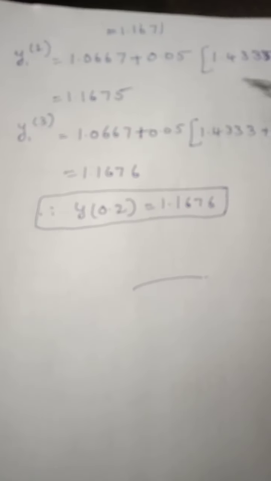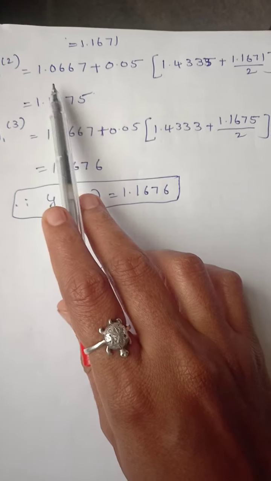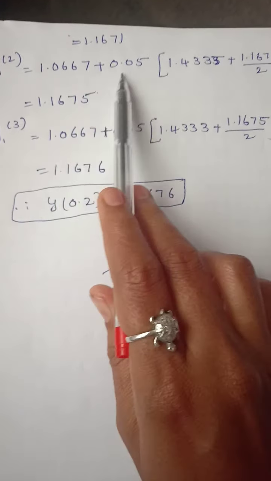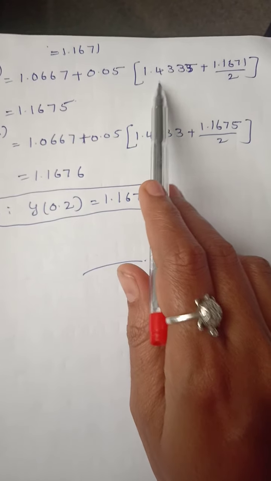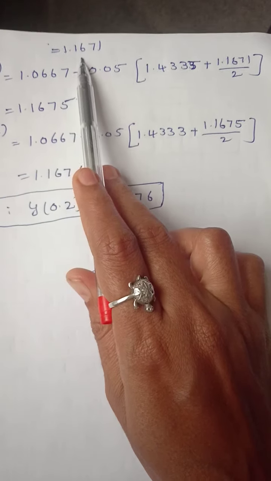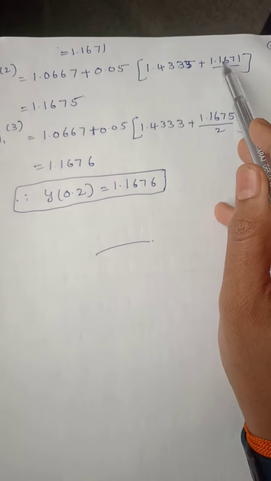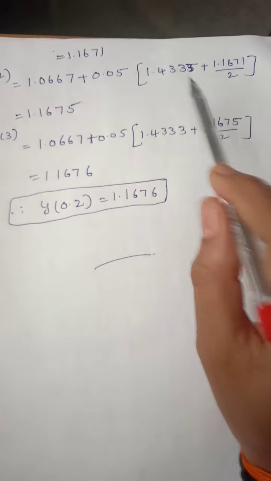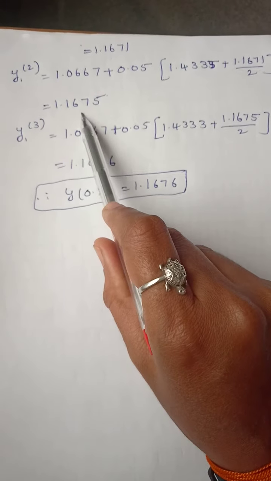Again repeat here, y1 of 2. The same formulas you have to repeat, y naught plus h by 2 into f of x naught, y naught, but you have to consider the previous value, that is the y1 of 1 value here. Only one term will change, the remaining are all the same. What value do we get here? 1.1675.